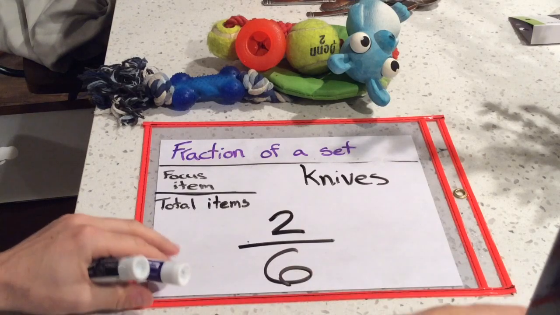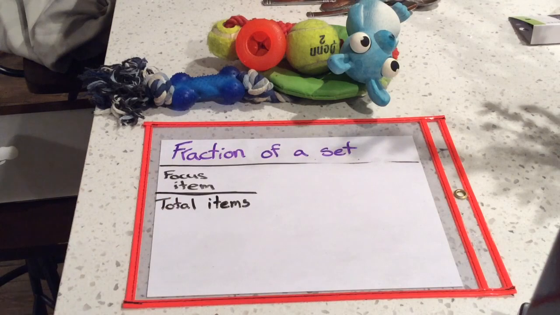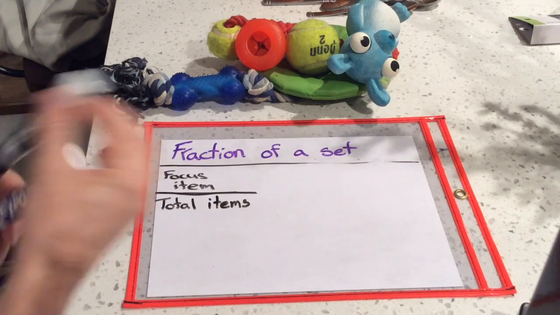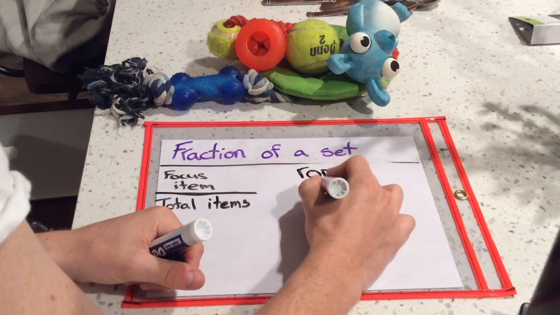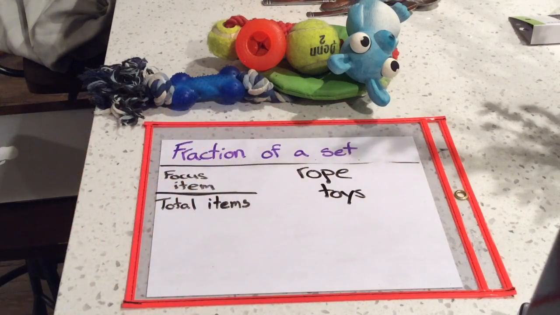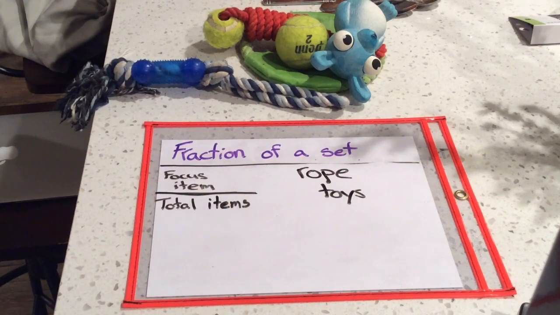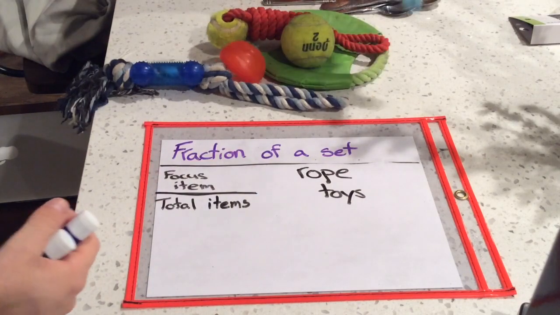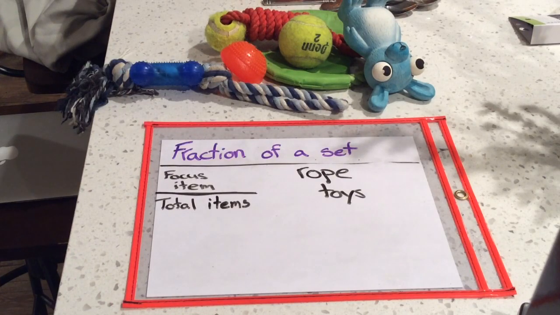So instead of focusing on the silverware, I might decide to focus on how many of these toys are what we call rope toys, right? When I think of a rope toy, something like this, as opposed to a tennis ball or a squeaky toy. So I start off by counting the total amount of items.